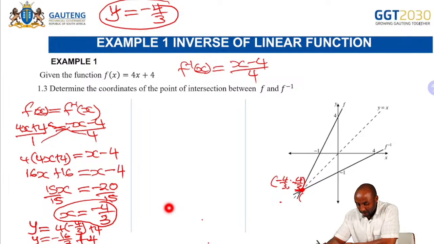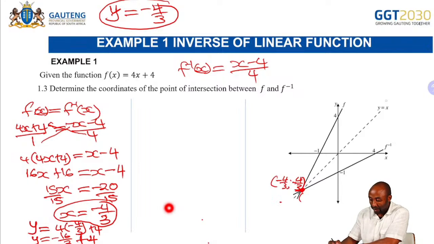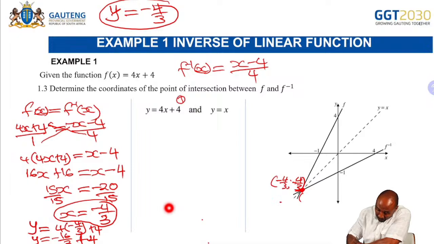We can use simultaneous equations as we did on the first method, but now remember we are having this equation for the axis of symmetry, our reflection line, y is equal to x. We can use it as well. This is our equation 1, and that one is our equation 2. You solve them simultaneously.